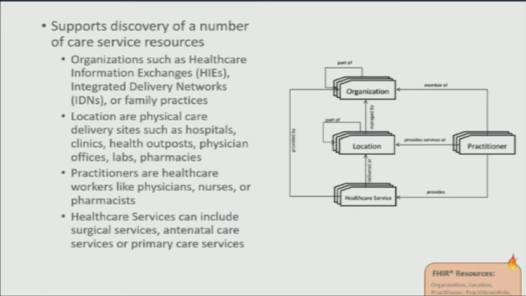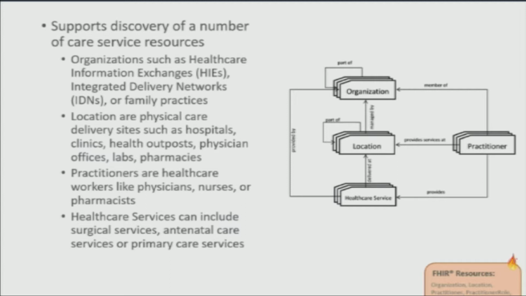So again, this one is predominantly made up of profiling organizations, locations, practitioners, and health services. Very similar to the provider directory that US Core is working towards. There are some consistent stakeholders involved in both organizations.